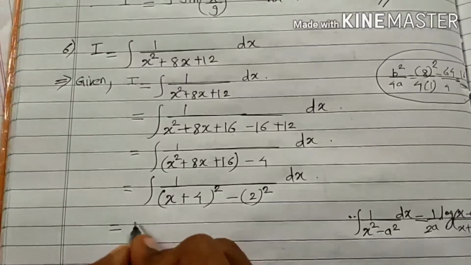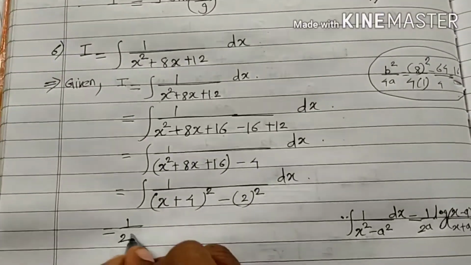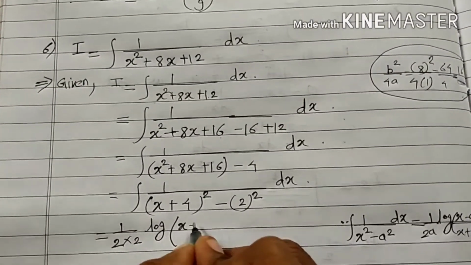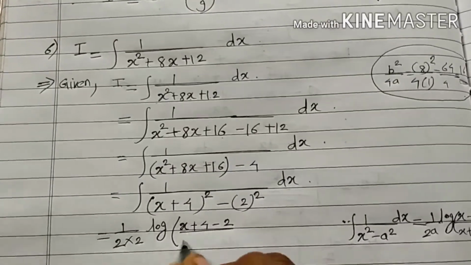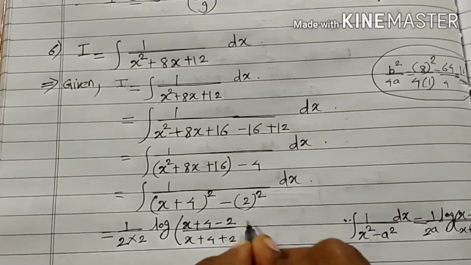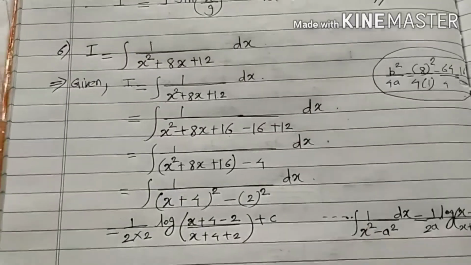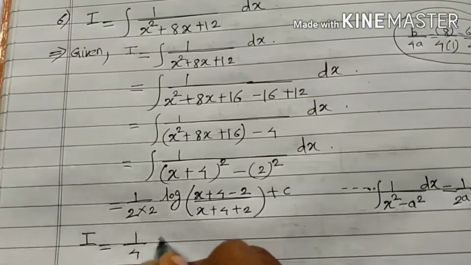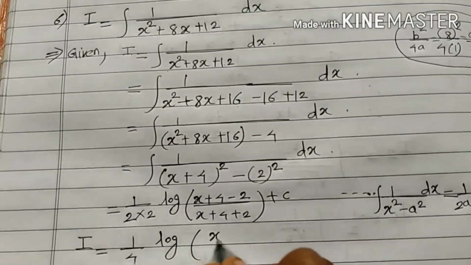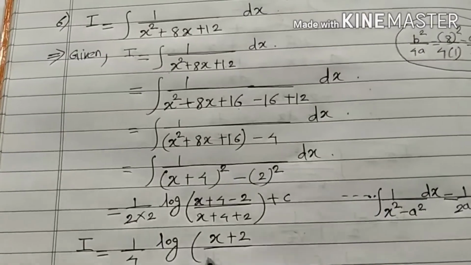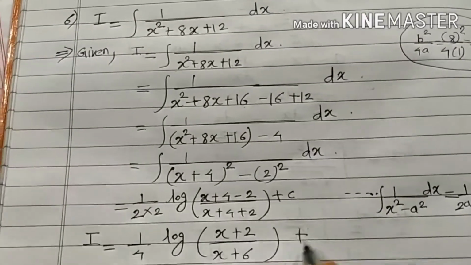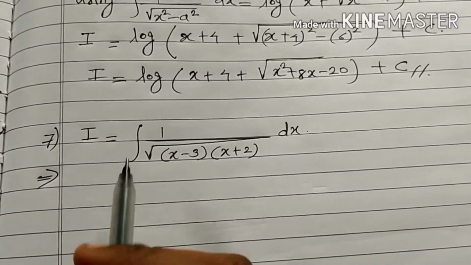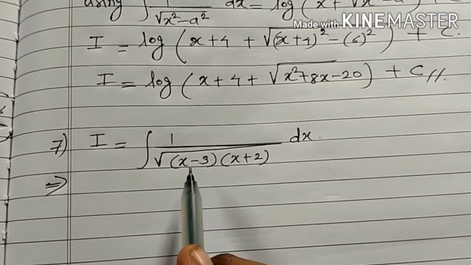So using this, here 1 upon 2a, a is 2, into log of x minus a upon x plus a plus c. Okay, so I is equal to 1 upon 4 log of x plus 2 upon x plus 6 plus c. This is your answer.